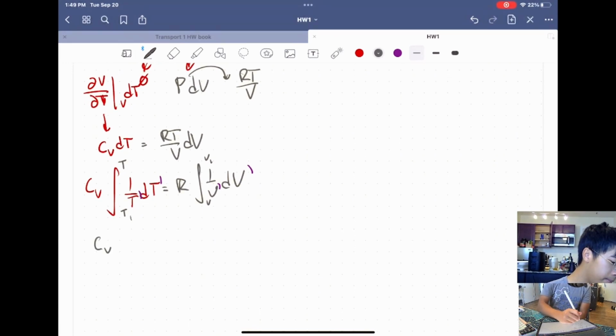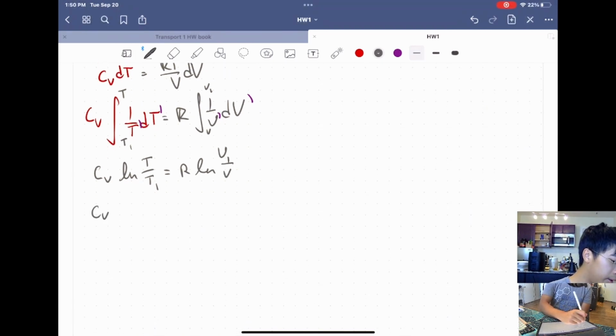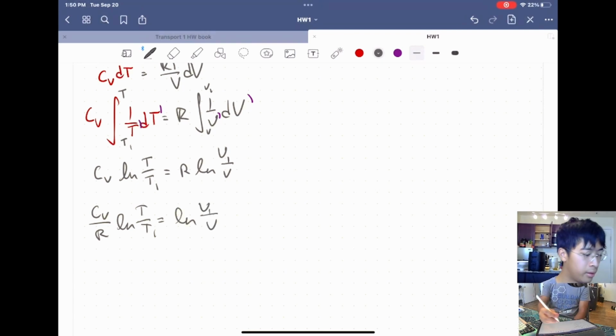natural log of T over T1 equals R natural log of V1 over V. Gather up your constants: Cv over R, natural log T over T1, equals natural log V1 over V. You'll find that with log rules, we can throw that inside the log, and now that the logs are the same, you can just cancel them out.